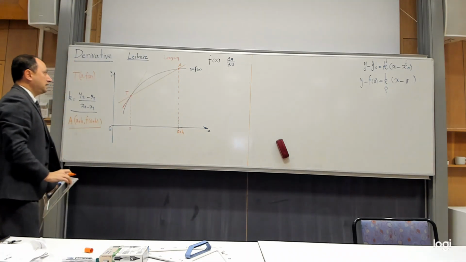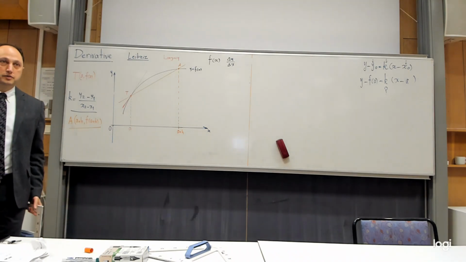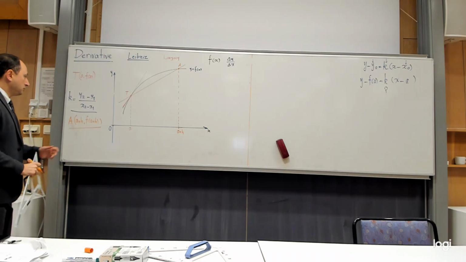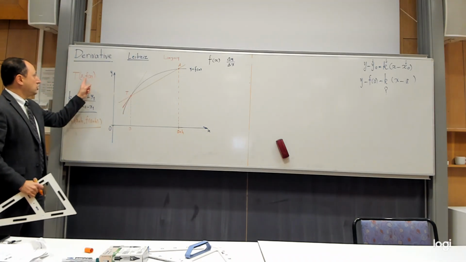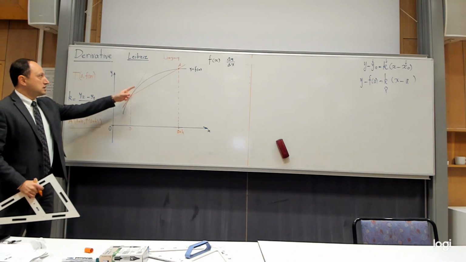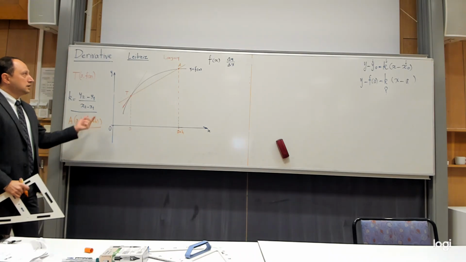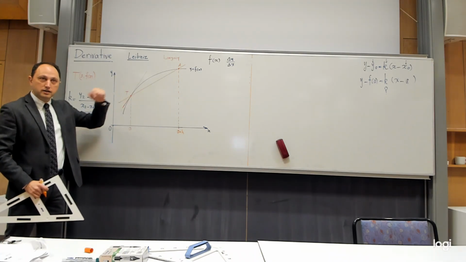can I write an equation for this orange line in principle? Yes, absolutely, because the coordinates of the point T are known, the coordinates of the point A are also known, and then I can use the k-value formula to find the slope of this orange line and write an equation.